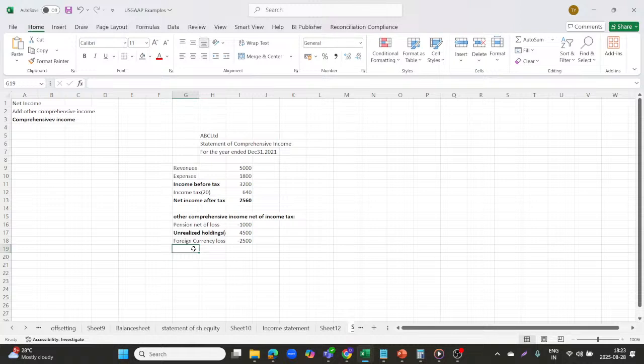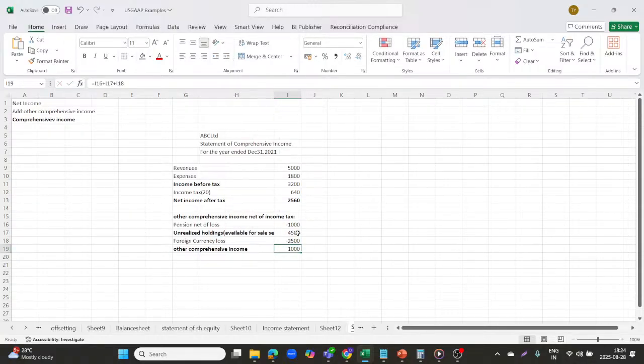So other comprehensive income will be 1,000. Okay, so you can add it up: minus 1,000 plus 4,500 plus 2,500. So other comprehensive income is your 1,000. This is your other comprehensive income.